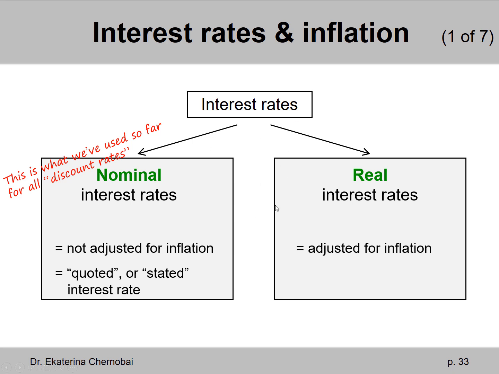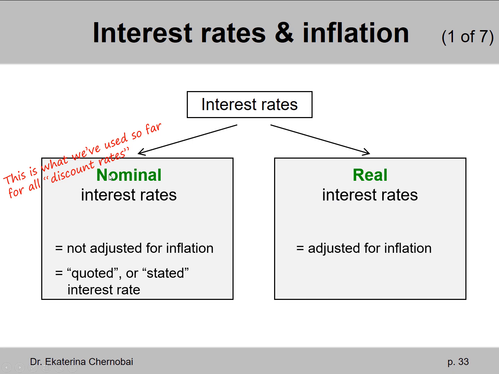Let's say everything is 3% more expensive at the end of the year. So how much richer do you really get with a 5% increase in your money at the bank and 3% higher prices? You probably already figured out that you'll feel only 2% richer because 3% is kind of eaten by inflation.